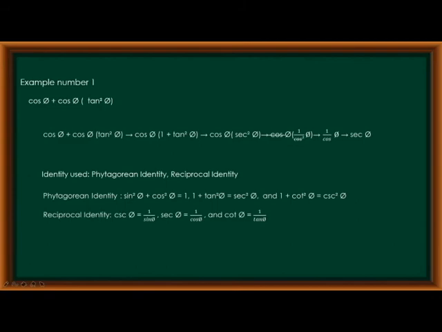So the next thing that we're going to do is to cancel out the cosine theta. So the answer is 1 over cosine. So 1 over cosine theta is not the final answer. It's not the simplest form of this expression. So we're going to use the reciprocal identity again. So 1 over cosine theta is equal to secant theta.